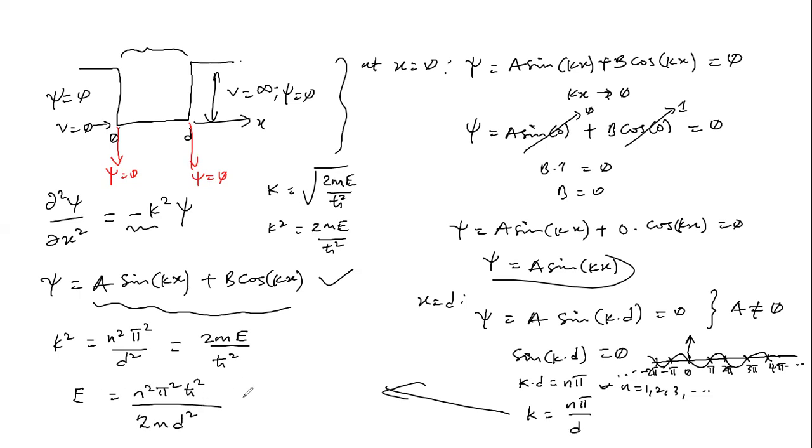Since n takes on integer values, it is an element of an integer set, such that n could take on values 1, 2, 3, and so on. So it means that the energy in the well is quantized.